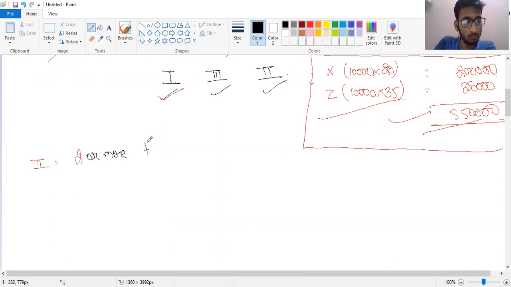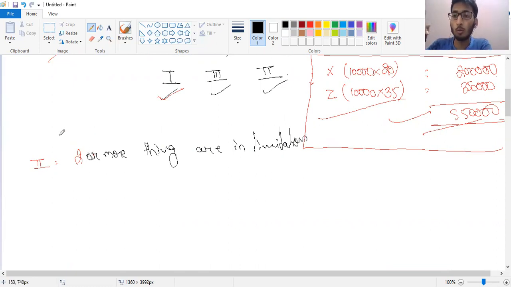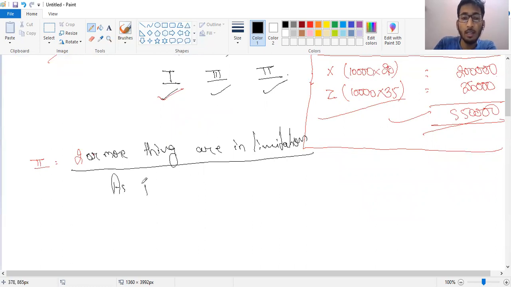If we are given that two or more things are in limitation, then in this scenario, we would solve the question as per linear programming.